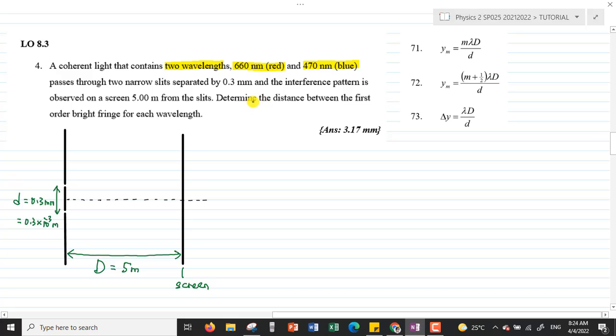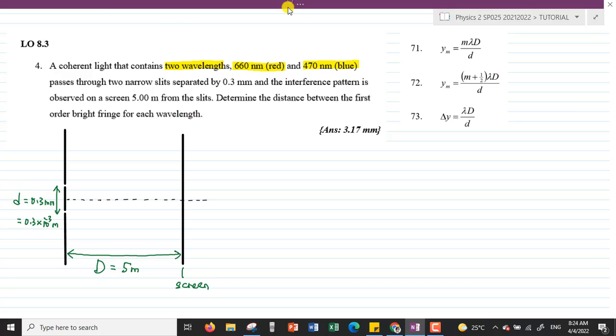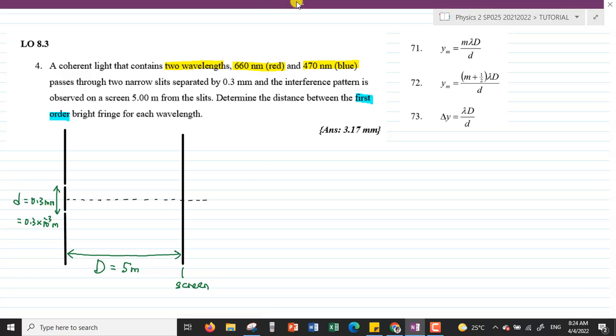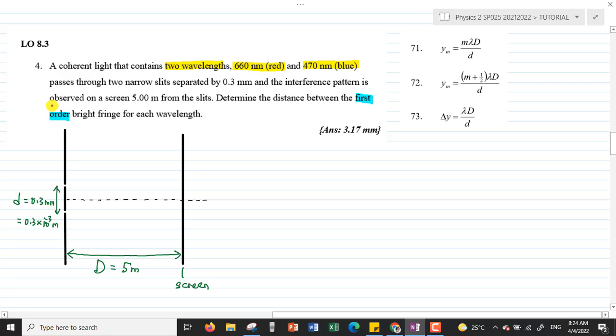Okay. So we want to determine the distance between the first order bright fringe for each wavelength. First order means our n is equal to 1.